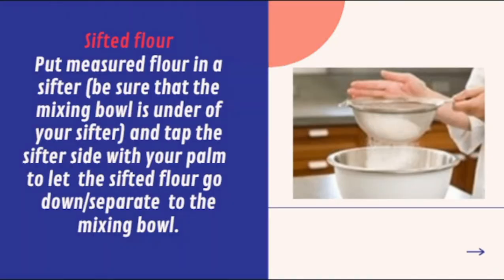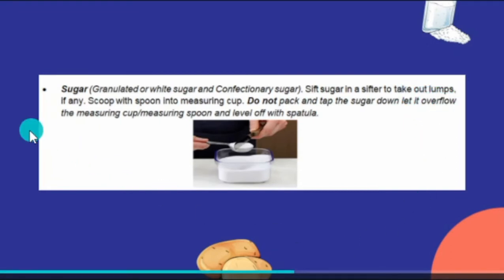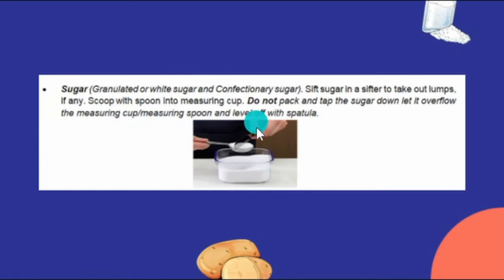All right, so moving forward, how about the sugar, or other confectionery? Just like the flour, you need to sift it first, so you can take out the lumps. This is how to measure. Scoop the spoon into the measuring cup like that. Do not pack and tap the sugar down.